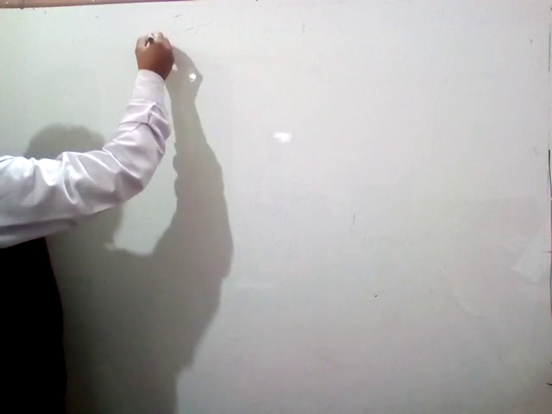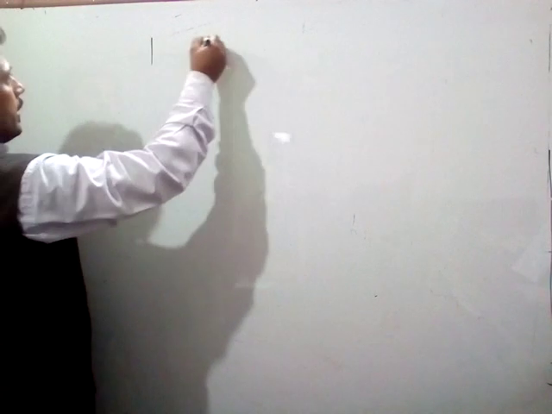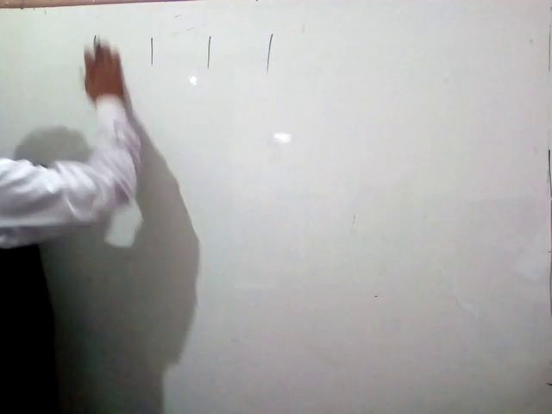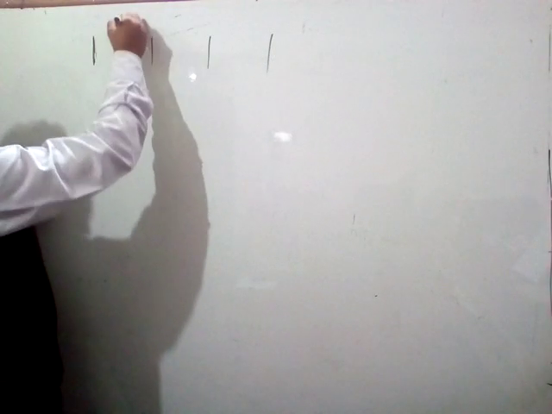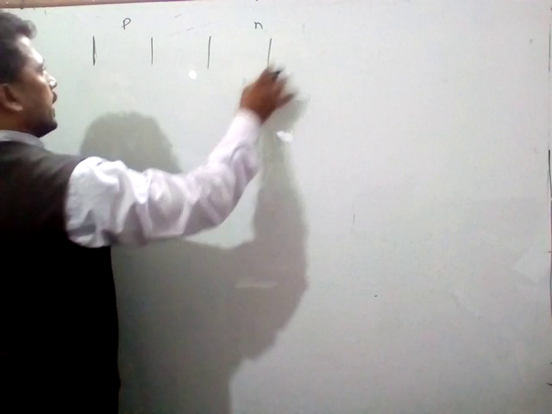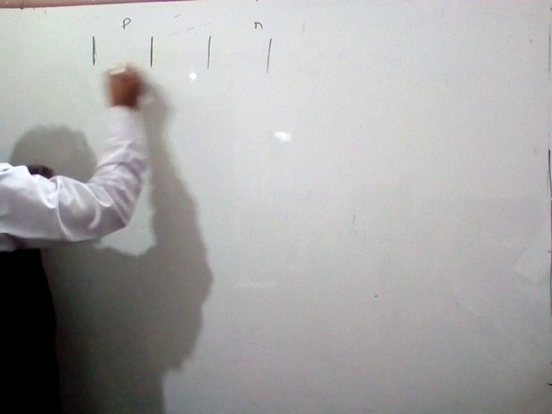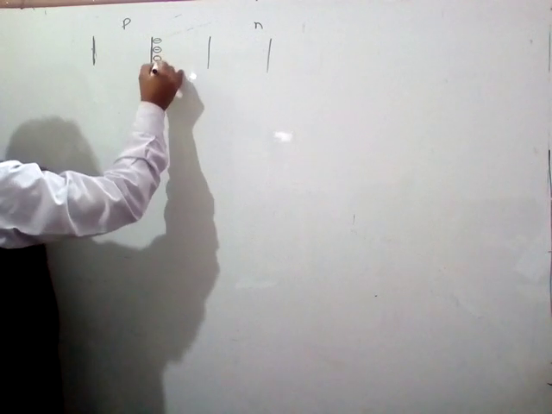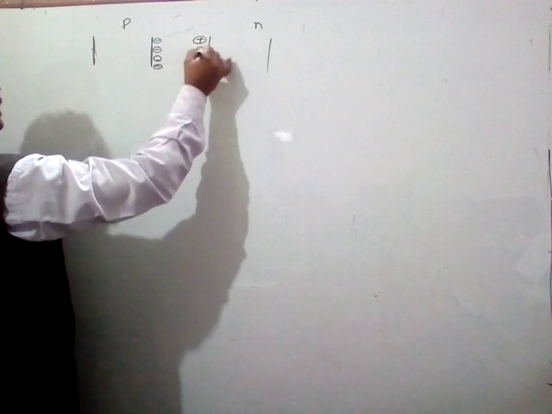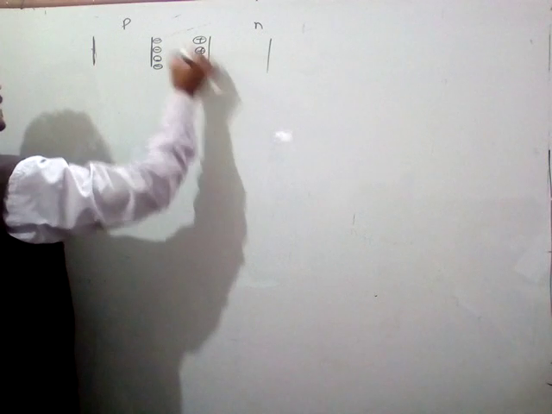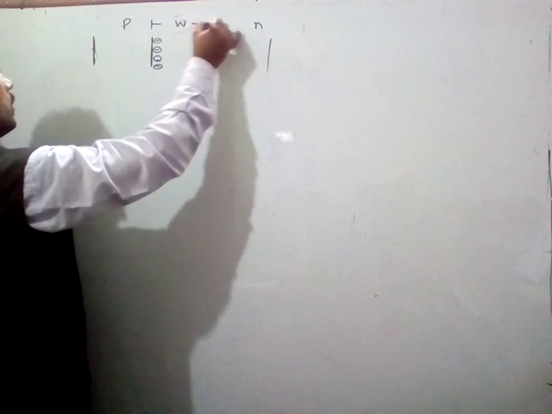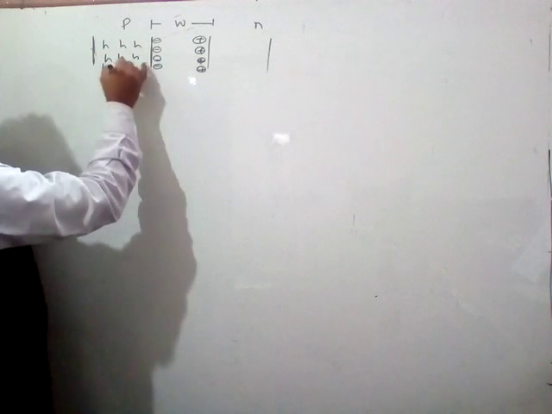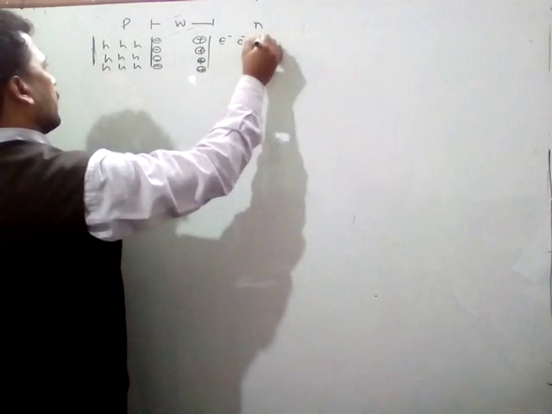This is the PN junction diode. This is the P and this is the N region. And this is the thickness of the depletion layer. Here holes and here electrons.